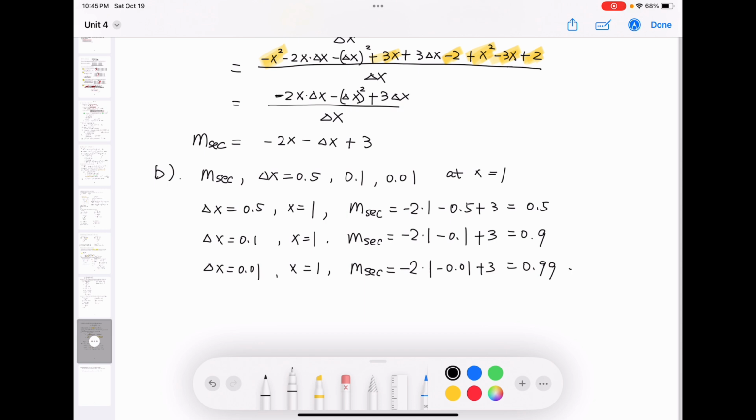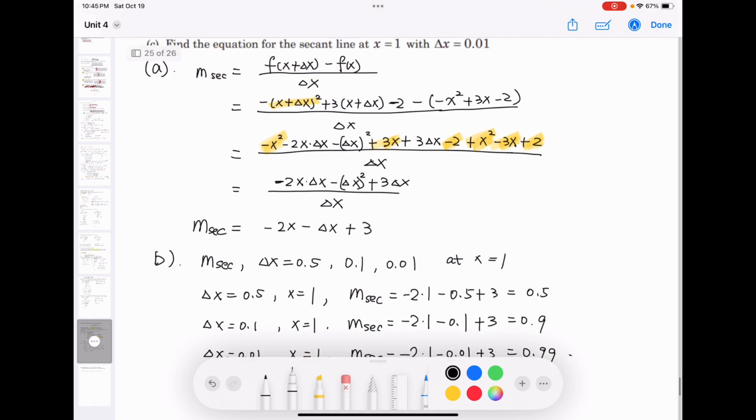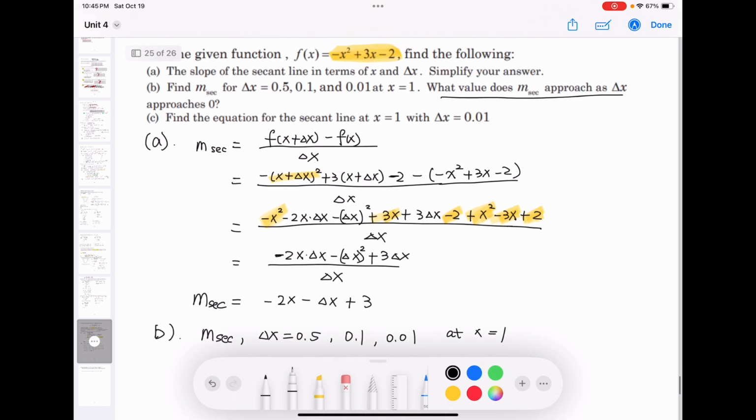Okay, as my delta x approaches 0, you see this delta x value is approaching 0, and then you see my slope of secant approaches 1. So that's what the question is looking for.